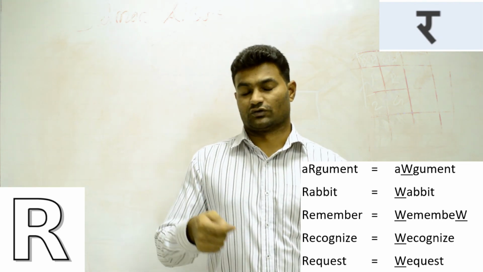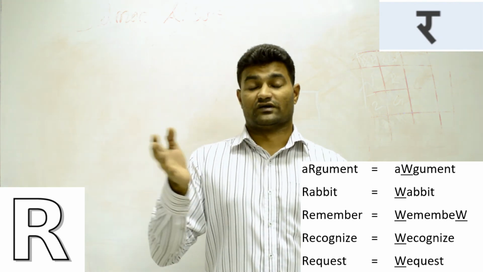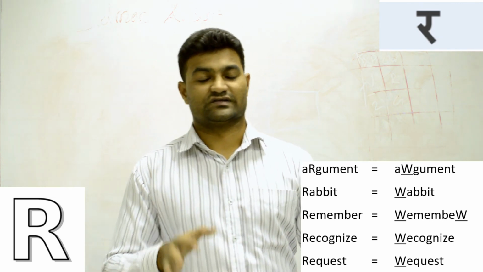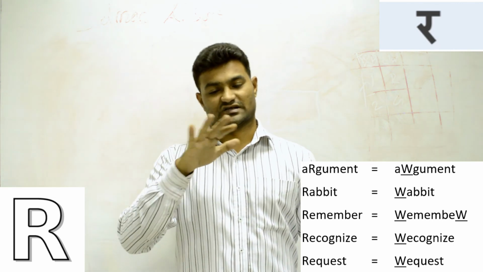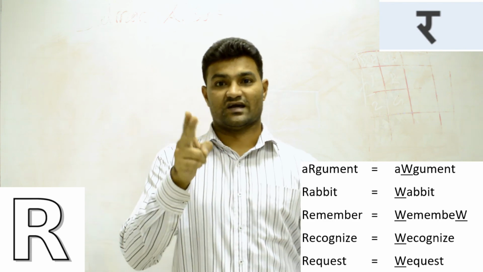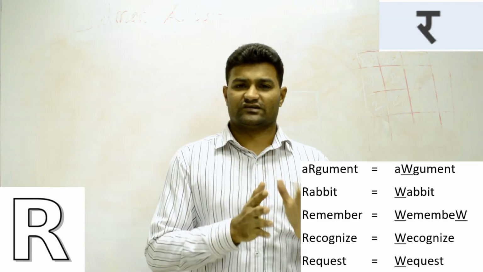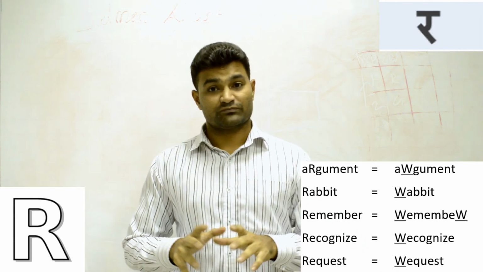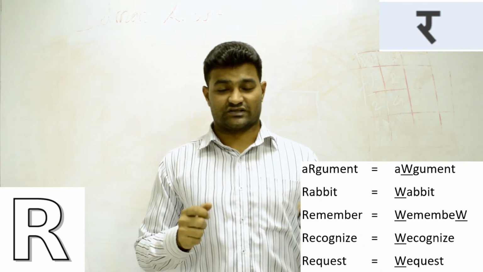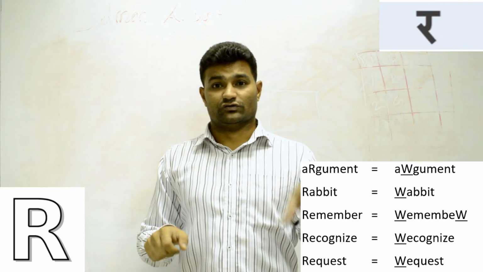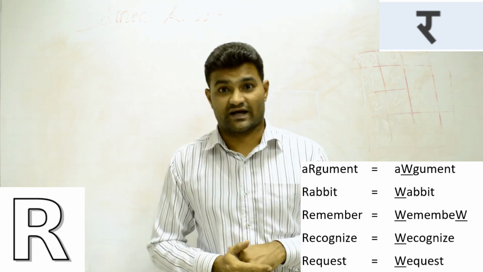When native speakers pronounce these "r" words, they are either keeping the "r" very low or replacing it with W. So just try it out. There are plenty of words like this. I have given examples: if you remove the "r" and put a "w," it will sound like that.